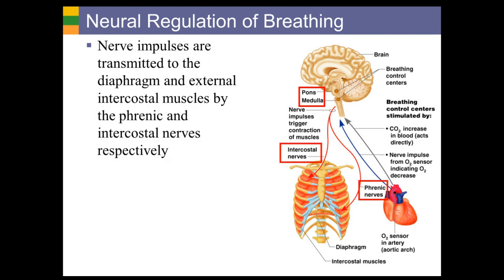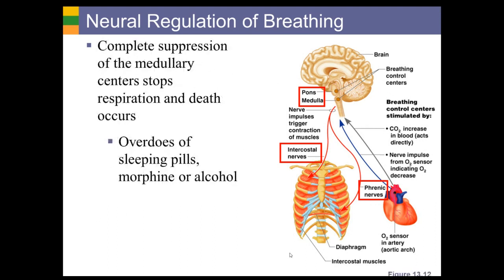Nerve impulses are transported to the diaphragm via the phrenic nerve and to the intercostal muscles via the intercostal nerves. You can overdose on sleeping pills or morphine or alcohol and cause respiratory arrest as you suppress the normal action potentials that are sent by the medulla oblongata.